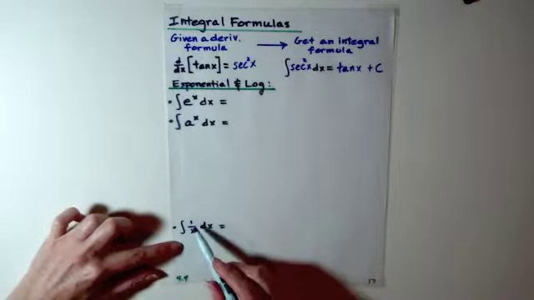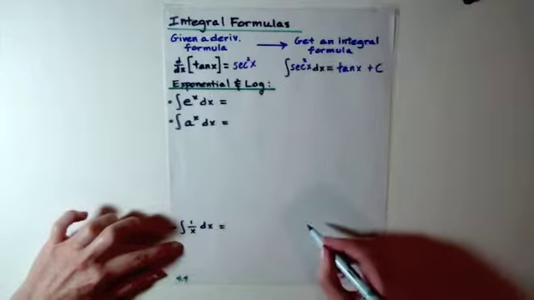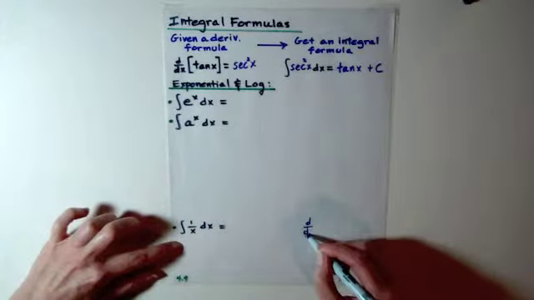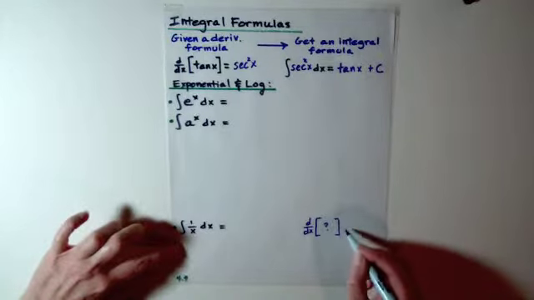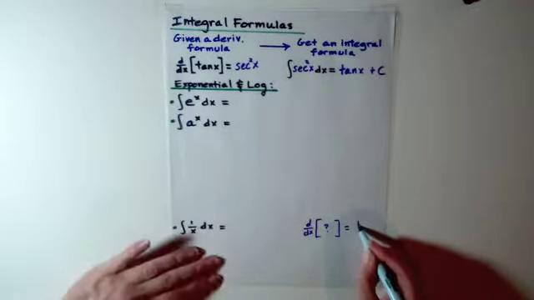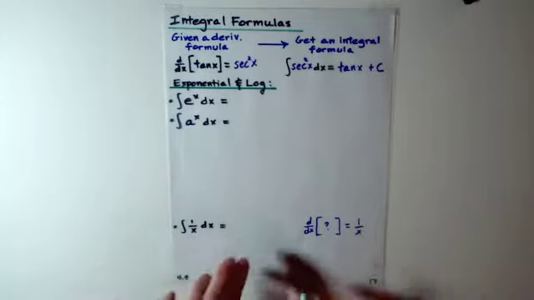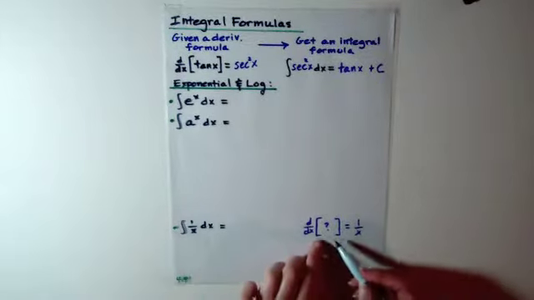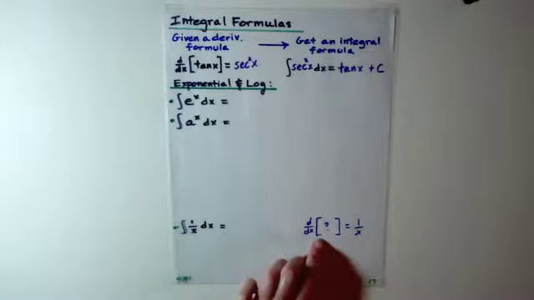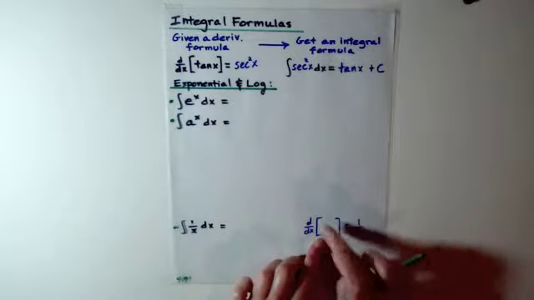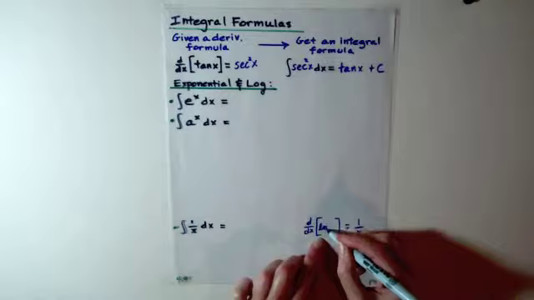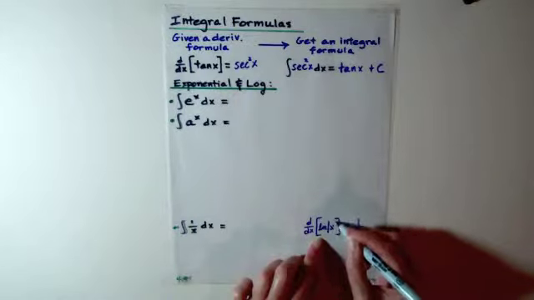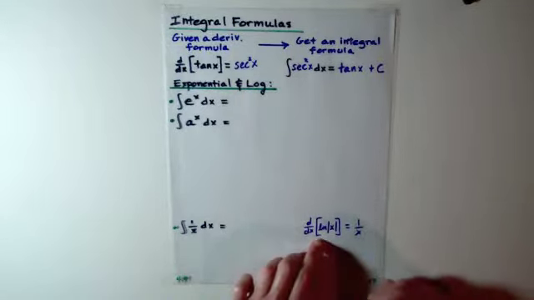If I want to know the integral of 1 over x dx, we can think of the derivative formula backwards. We're really asking, what do I have to differentiate in order to end up with 1 over x? We talked about this earlier in this section: you differentiate the natural log of absolute value of x and you end up with 1 over x.